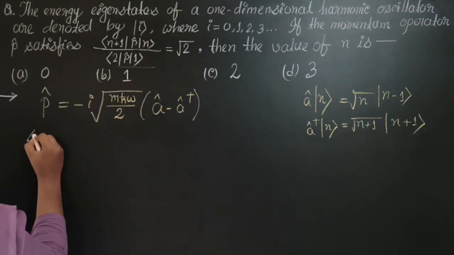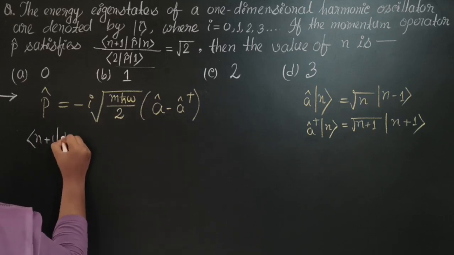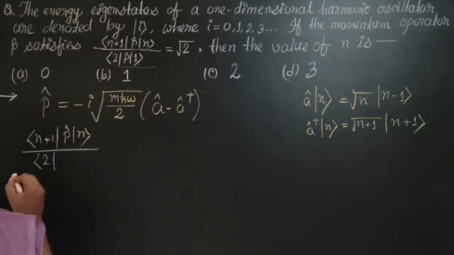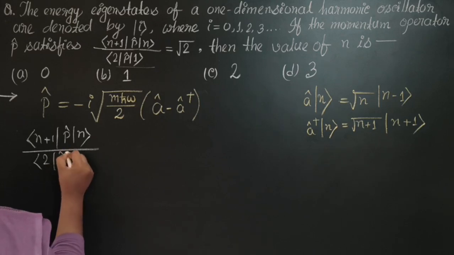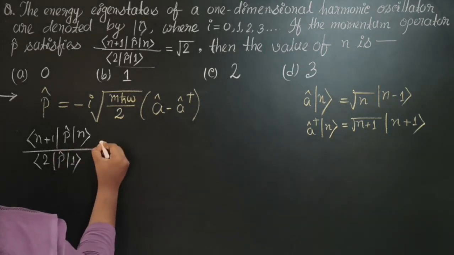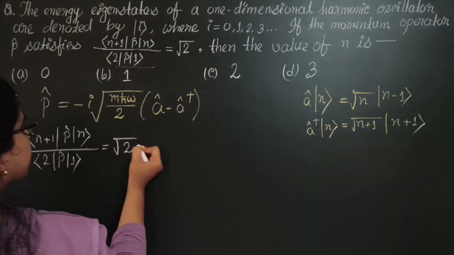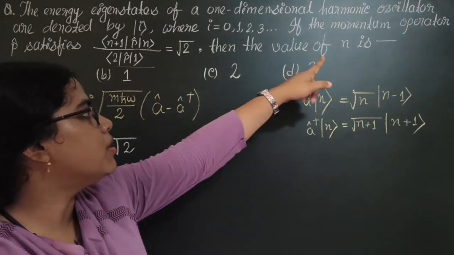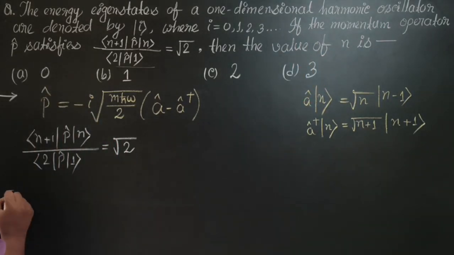So given that ⟨n+1|P|ψ⟩ by root 2 ħ, where |ψ⟩ is the state |1⟩, equals root 2. Upon calculating this and simplifying this, we can get the value of n. Okay, now put the value of P here.